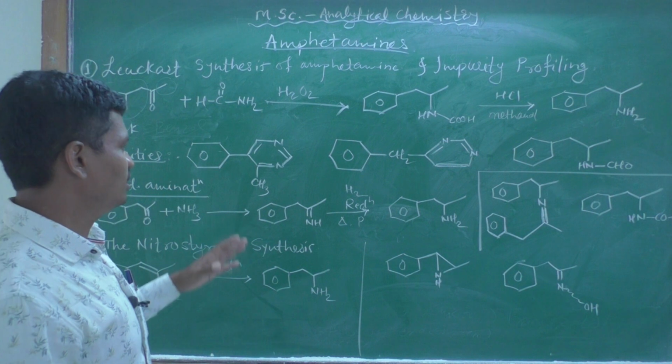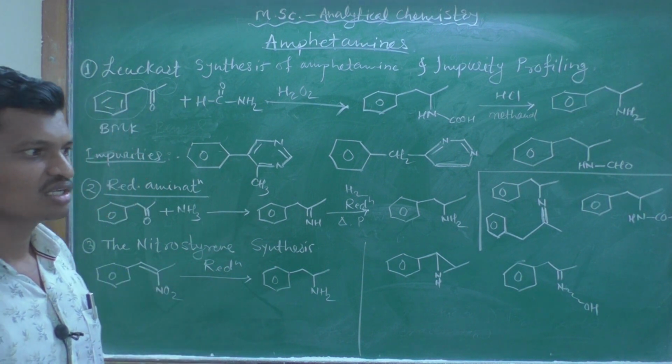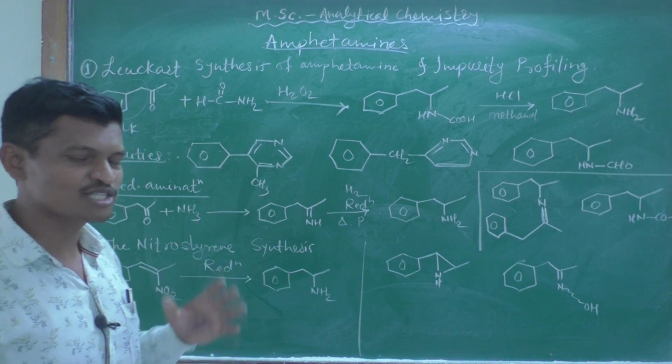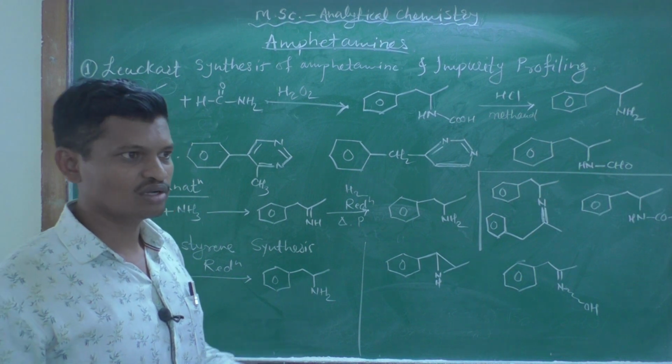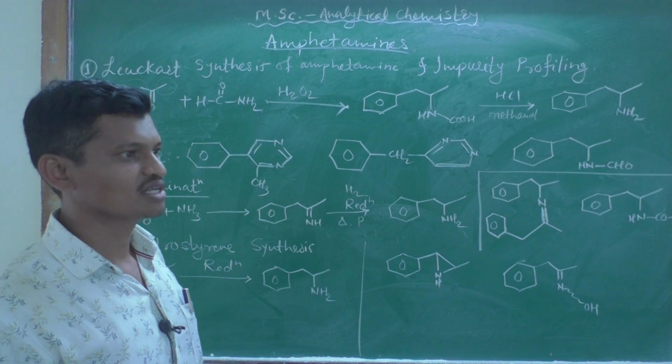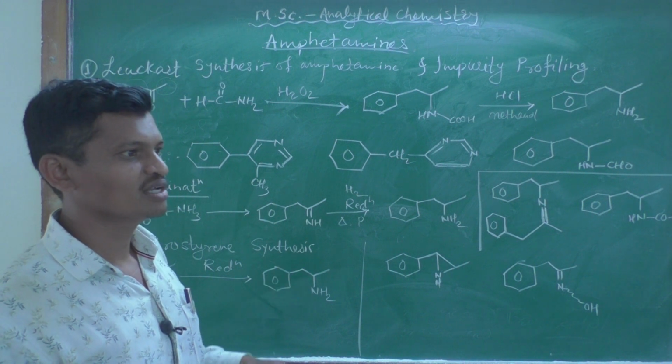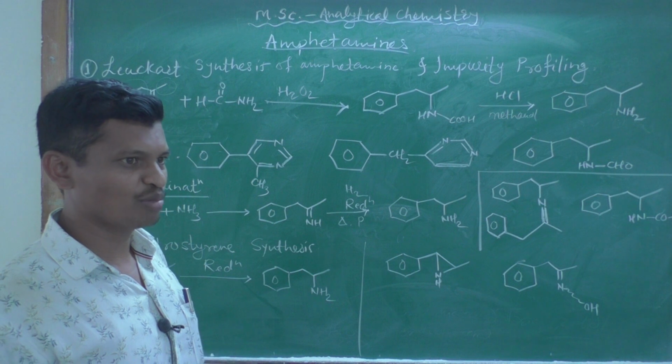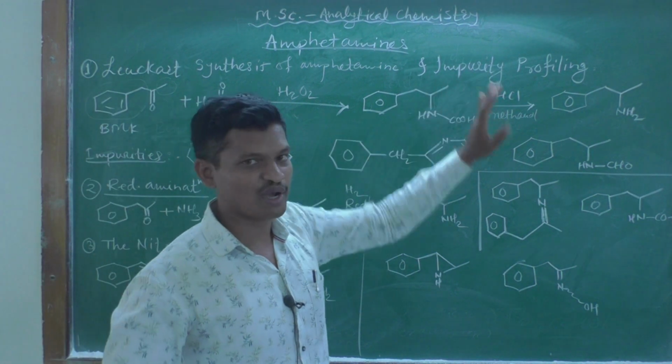formamide. The most important thing here from the analysis point of view, here we are not stressing our focus on the synthesis, but our most important part here is the impurity profiling.